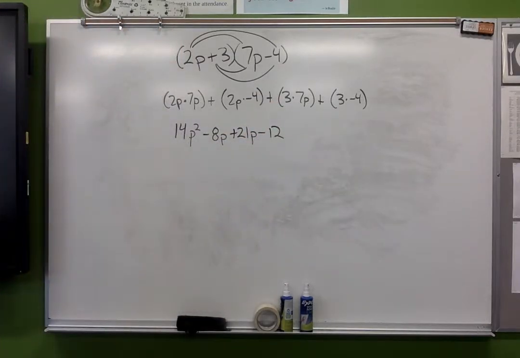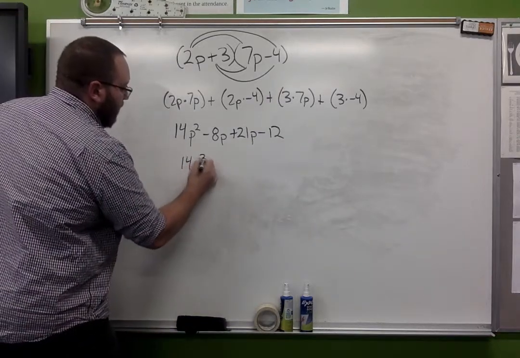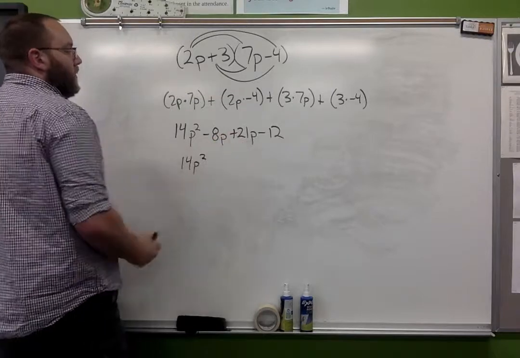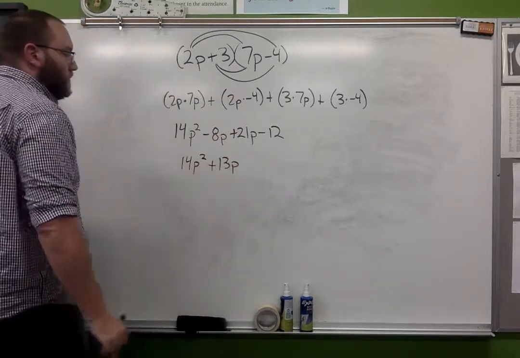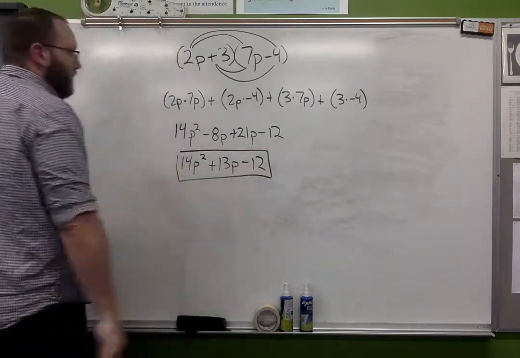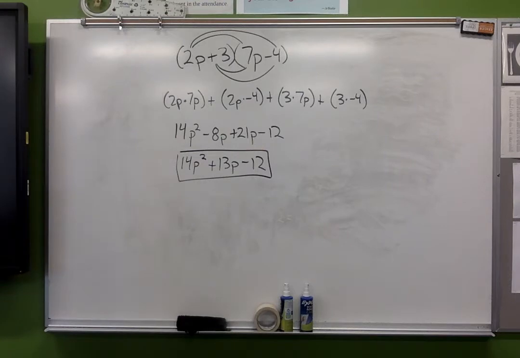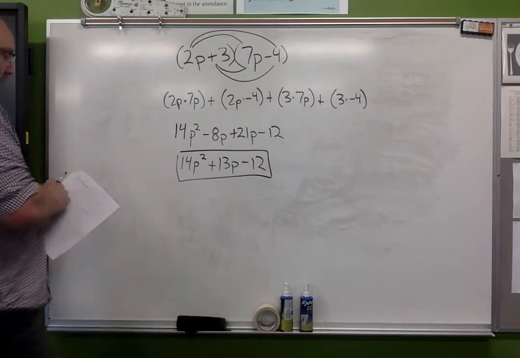Okay, collect like terms, combine like terms. 14p squared. Negative 8 plus 21 is positive 13p, minus 12. There's your answer. It's fully simplified. All right, let's do the next one.